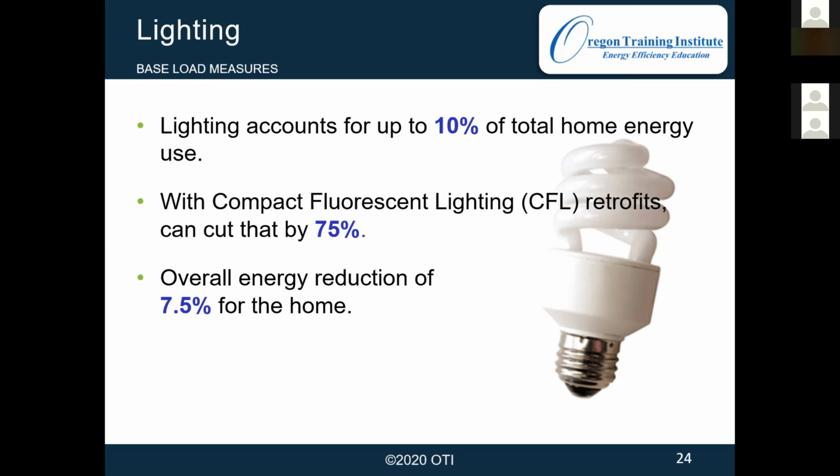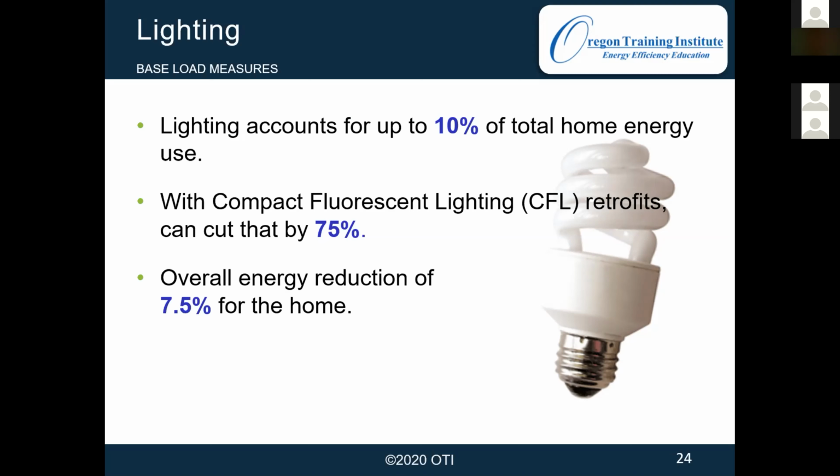CFLs are still really great in a lot of situations, and they save 75% over a regular incandescent light bulb. And lighting isn't the biggest part of our bill, about 7 to 10 or 11%, somewhere in that range.